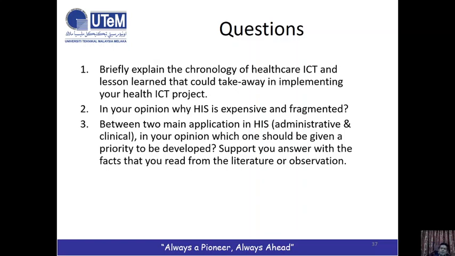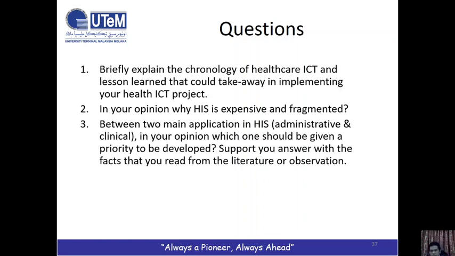Okay, so based on the history, you can see that the application is focused on the administrative function first. Then after that is the clinical function. So you can learn that from the history. Maybe you cannot implement the clinical application first, but you need to cater to the administrative function first, because the focus of the hospital is to manage the patient and control the financial part.